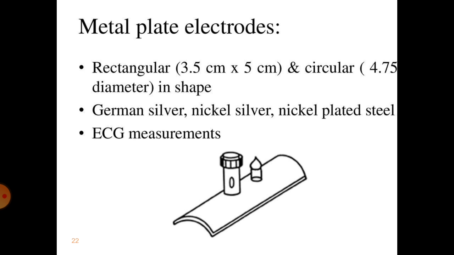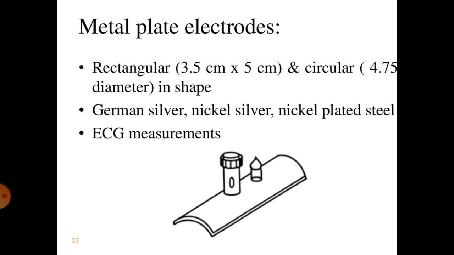The metals used in the metal plate electrode are German silver and nickel plated steel for ECG measurements.